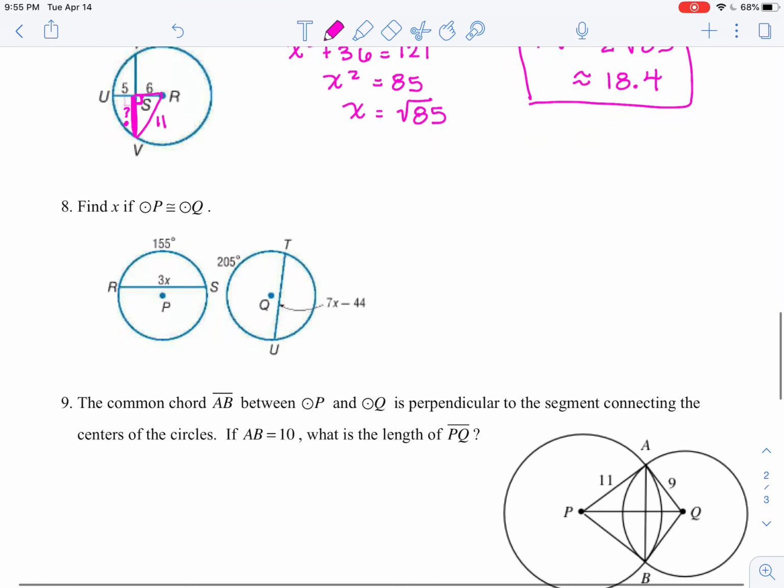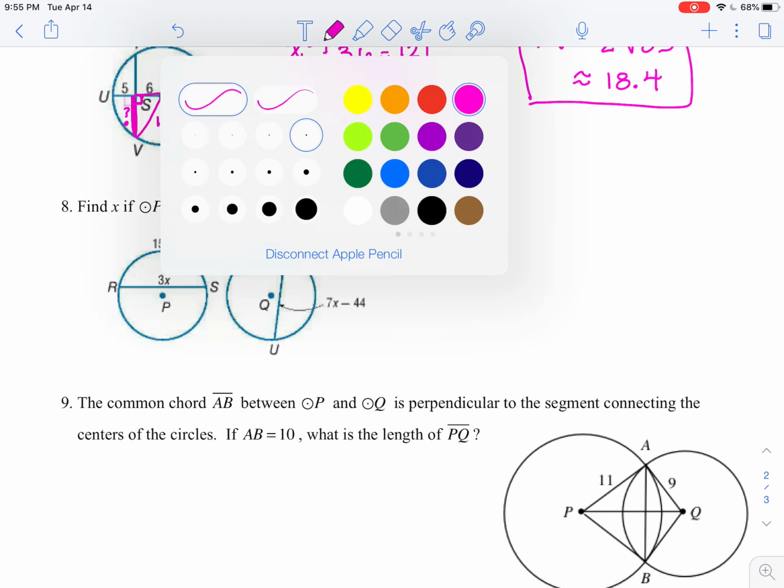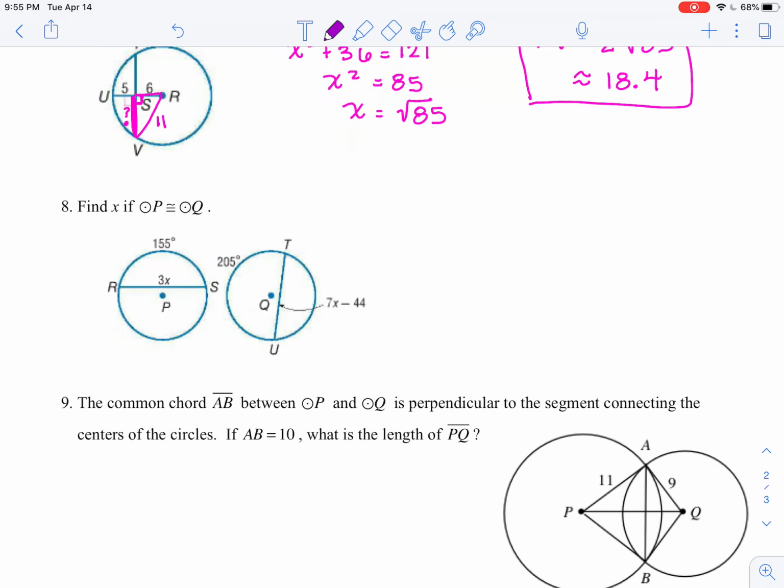In question number 8, it says solve for x if circle P and circle Q are congruent. In circle P, we're given one chord, RS, which has a corresponding arc measure of 155 degrees. In circle Q, we have chord TU. We're missing its corresponding arc measure, but I know that the remainder of the circle is 205 degrees.